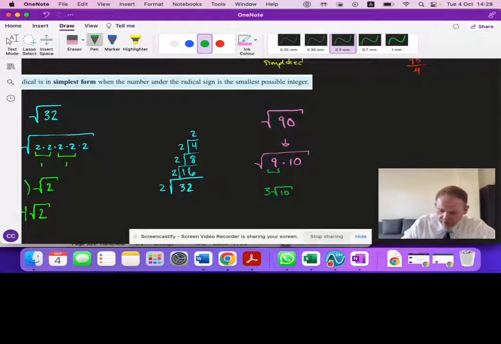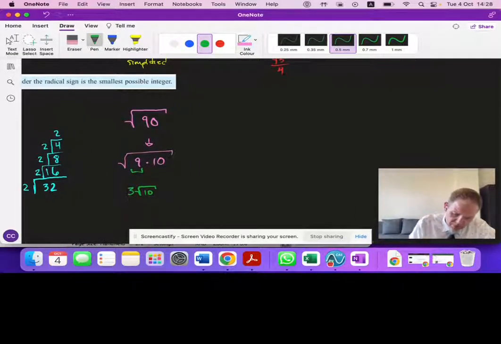Notice this also works if we use prime factorization. Prime factorization of 90, if I start with 3, I would end up with 30 here, and then I do 3 again, and I would end up with 10, and this is 2 and 5. Square root of 3 times 3 times 2 times 5.